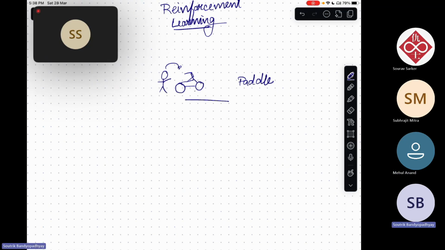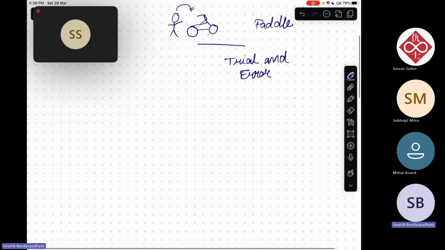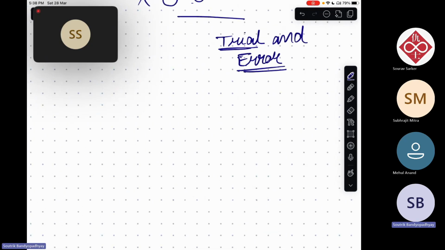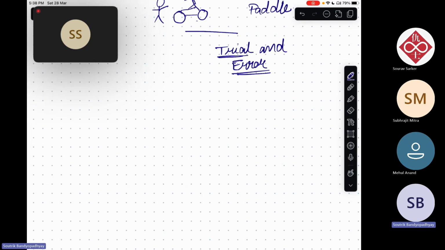And eventually, when you have some parent or some other person guiding you through the process, you learn from a process of trial and error, right? So the idea is that you first have some trials, and if there are some errors, you correct your course of actions, right? So the sort of feedback that you get comes in the form of some sparse signals.